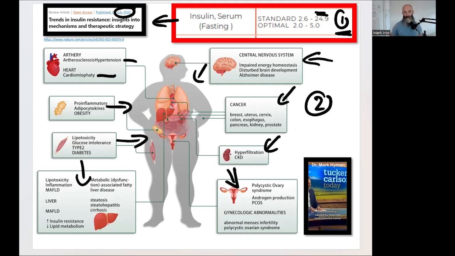Now, functional medicine says we want to get it back to optimal, which is between 2 and 5. Do you see the big difference there? It is huge. You walk back all of these diseases, inflammation, lipotoxicity, Alzheimer's. So it's not difficult to get there. It can take time, certainly, but it's absolutely doable, and it's worth it because your health and longevity come back.